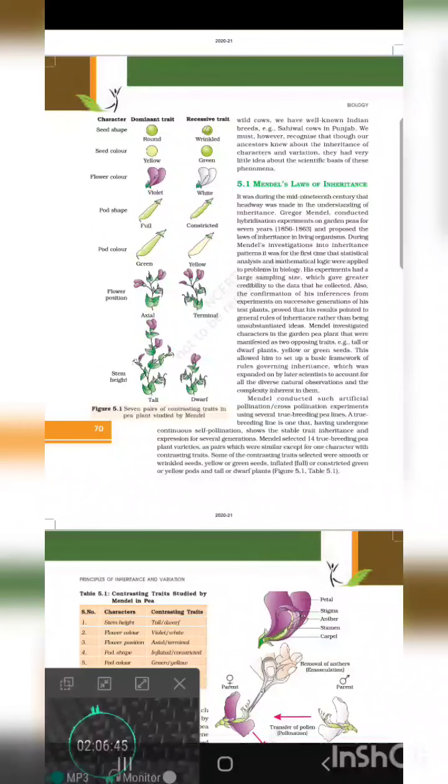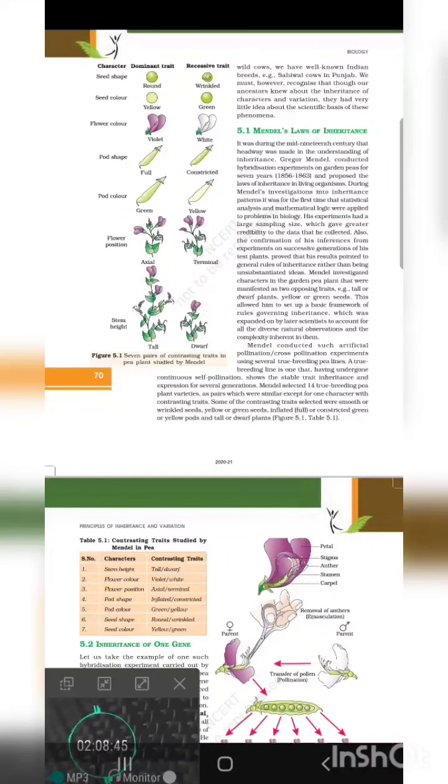Mendel conducted artificial pollination, cross-pollination experiments using several true breeding pea lines. A true breeding line, on continuous self-pollination, showed stable trait inheritance and expression for several generations.